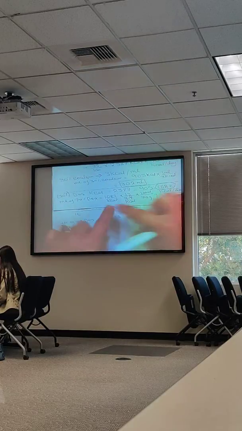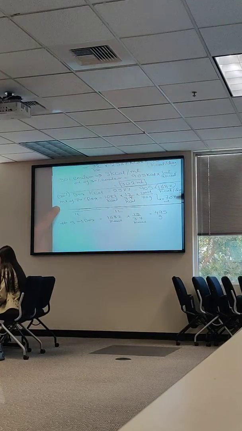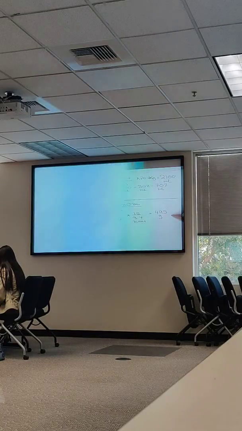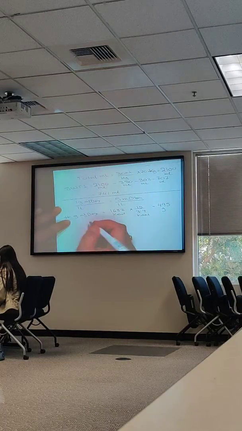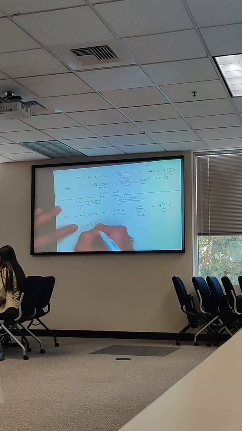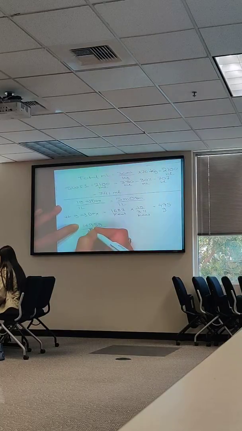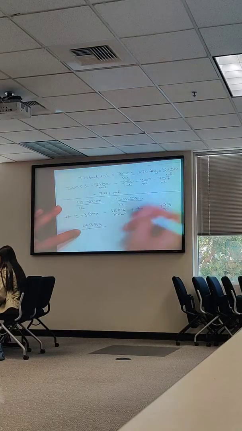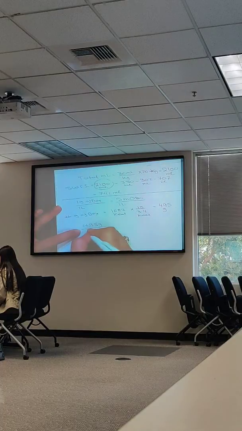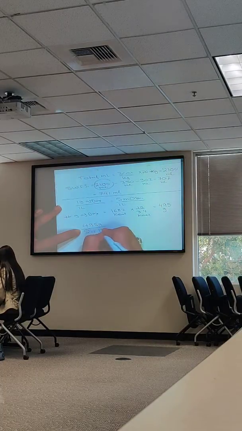So when we did the calculation, we did it in one step to figure out the milliliters. I need the number of grams. So I went back and did the calculation again to figure out the number of grams. Okay. So these 495 grams are in a total of 2.1 liters, right?